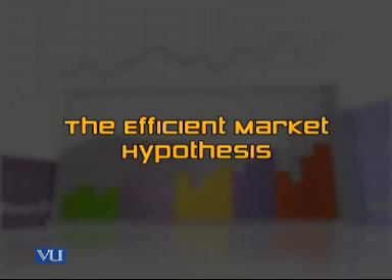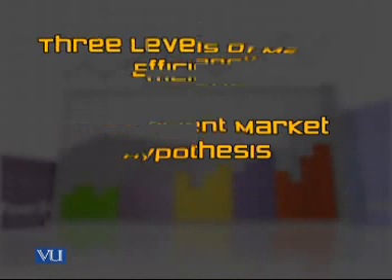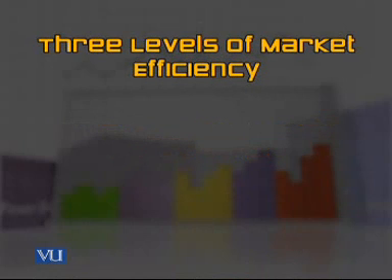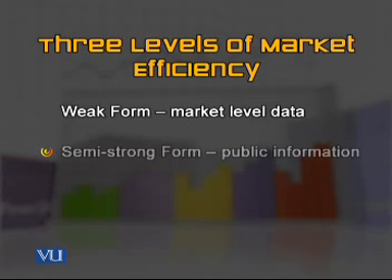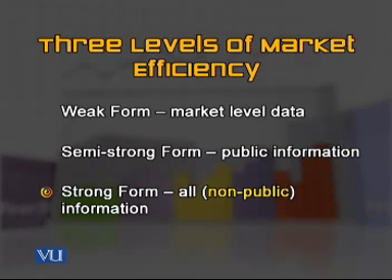I told you something about the efficient market hypothesis. I would also like to tell you about the three different forms of efficient markets, in which we talked about the weak form of efficient market, the semi-strong form of efficient markets, and the strong form of efficient markets.